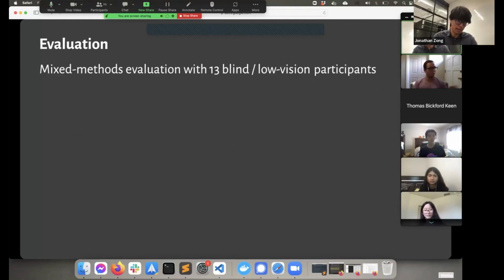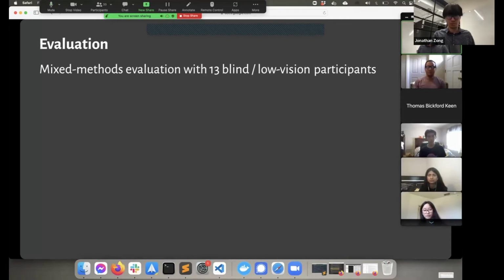And we evaluated this system using this evaluation where we recruited 13 blind and low vision participants. We interviewed them about their background with data visualization and statistics, and we also sat with them over Zoom for about an hour and asked them to use our interface to do a few simple data tasks.